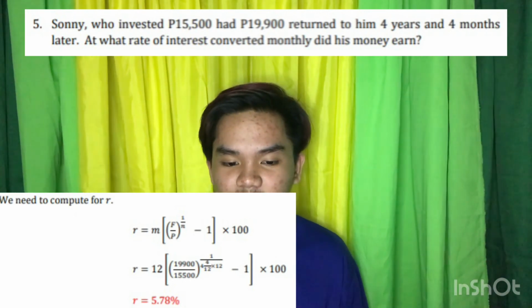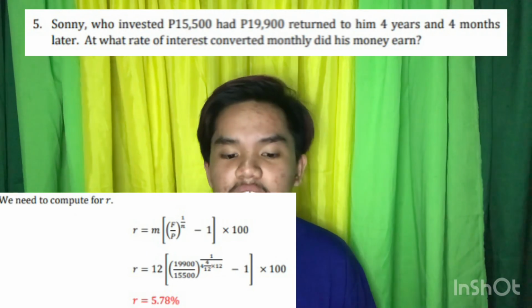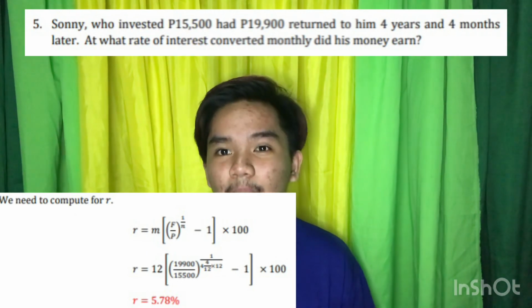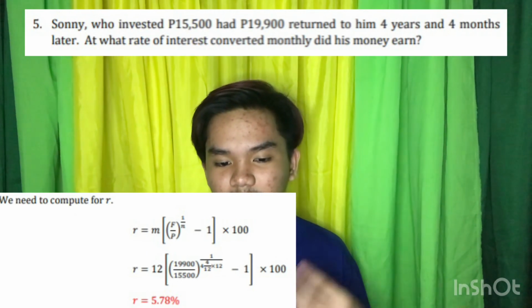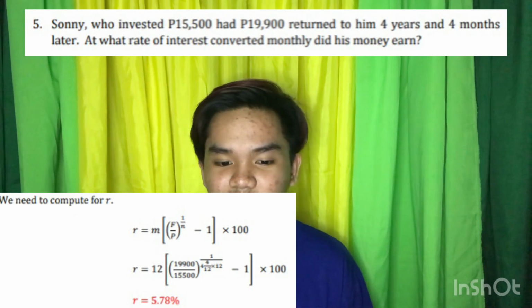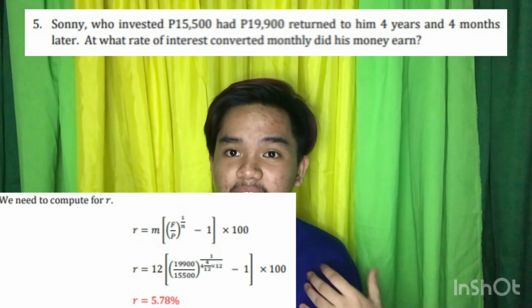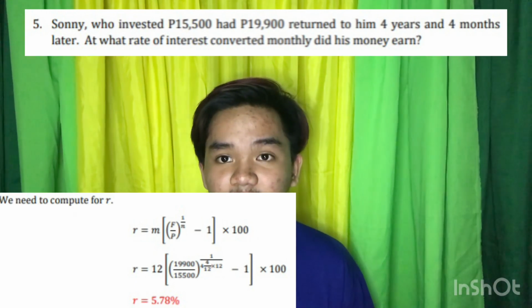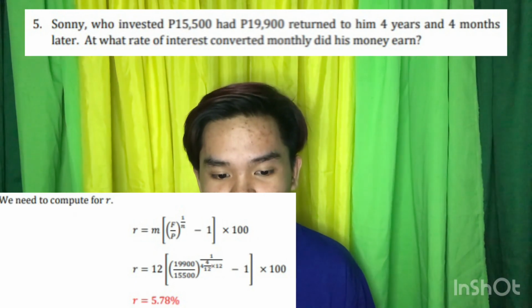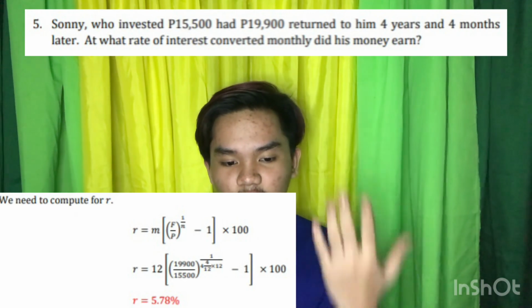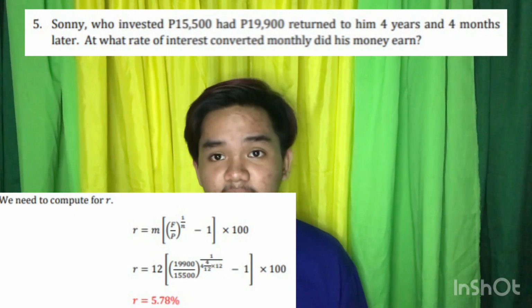So, multiply natin siya sa 12 kasi nga monthly. So, ima-minus natin iyon sa 1. Tapos, pagka nakuha natin yon, i-multiply natin siya sa 100 kasi nga we are talking about rate. Simula pa lang sa simple interest, kapag rate ang hinahanap, minumultiply natin ito sa 100. So, ang ating magiging sagot as a rate is 5.78%.